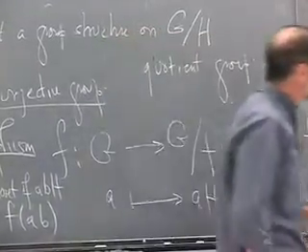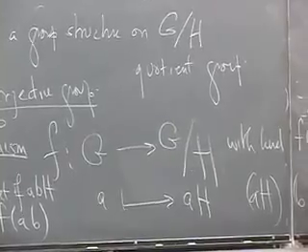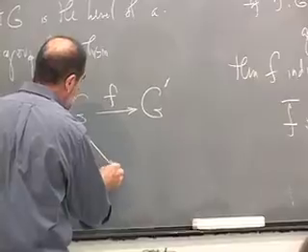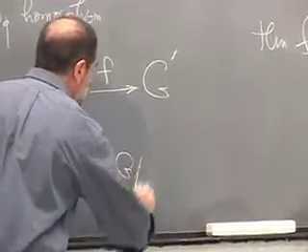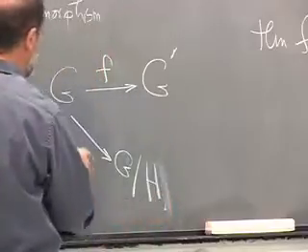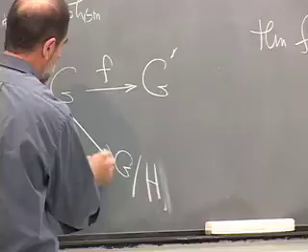Now, Peter would say that a better way to write this is to take the original homomorphism like this, to construct our nice homomorphism surjective to G mod H like this, where H is the kernel. So this would be a surjective map, right?